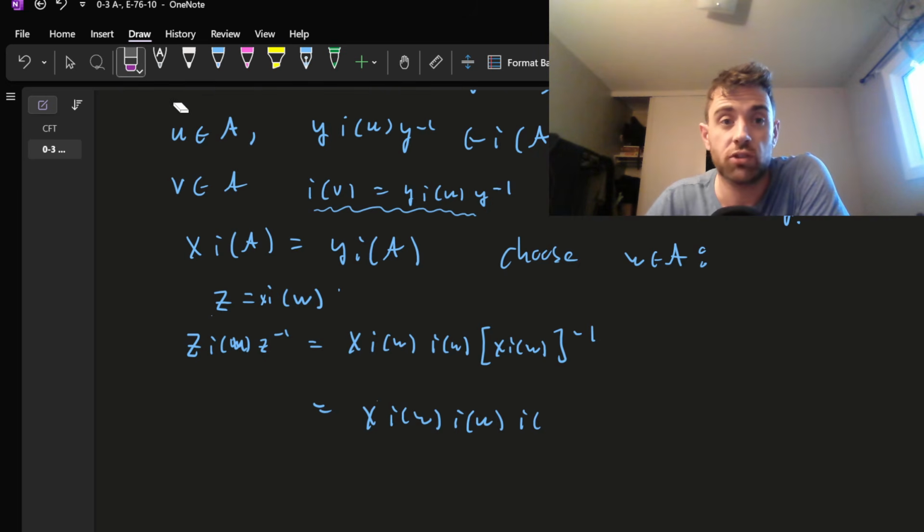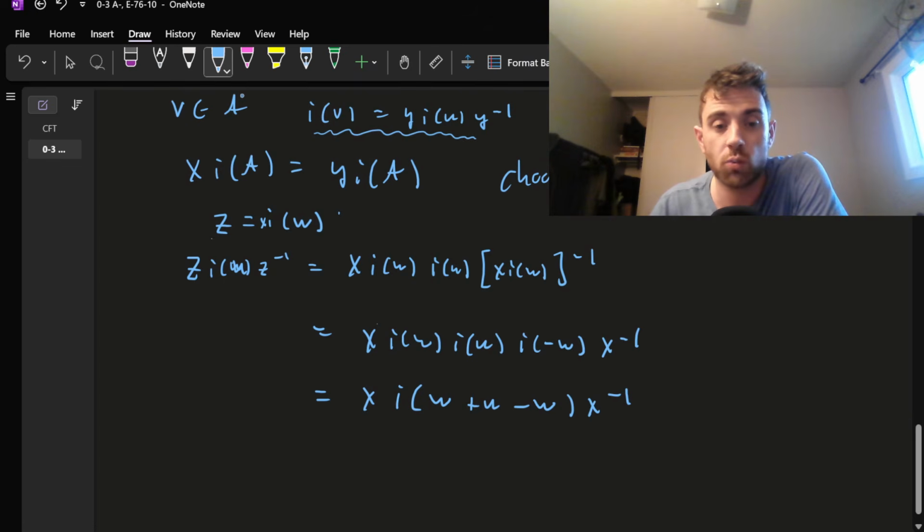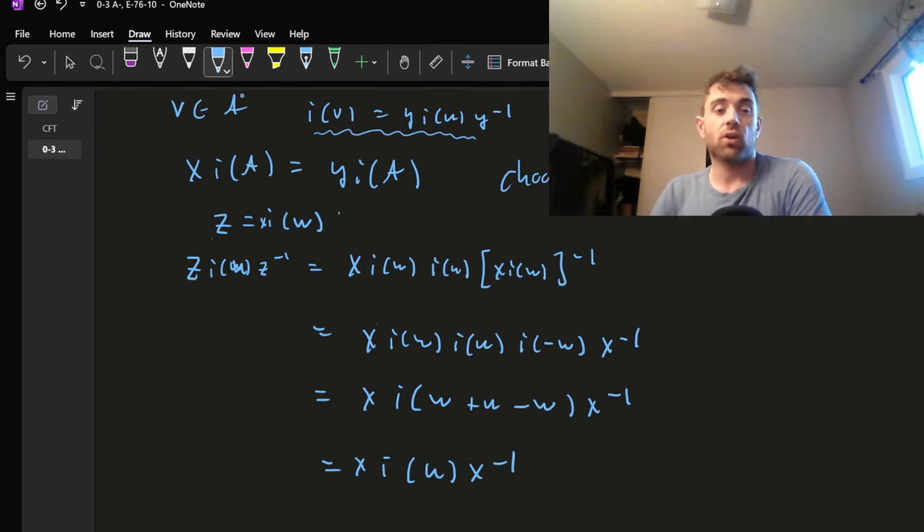I'm going to pull that inside because that's a group homomorphism, and this is additive notation in the abelian group. X inverse, which now this is XIW plus U minus W X inverse, which of course is XI. The W's cancel out. I'm left with U X inverse.